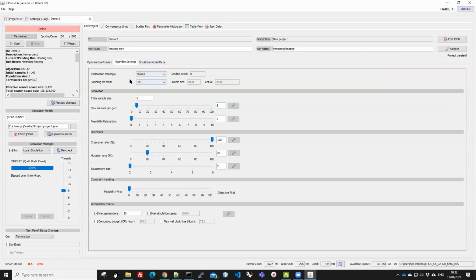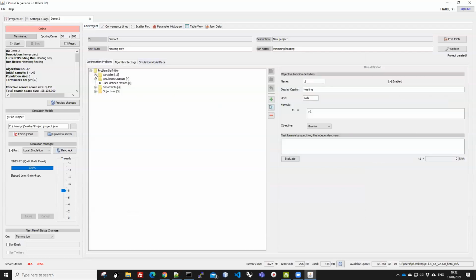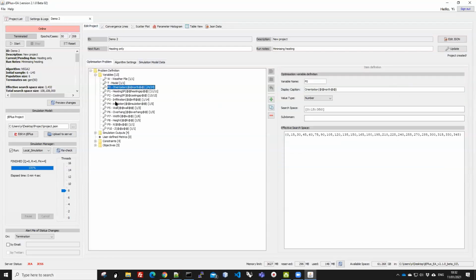Now, if we go back to the definition here, let's have a look at it. The orientation, we are varying from 0 to 360 degrees at a step of 15 degrees, so rotating the building every 15 degrees, with 0 being the external wall and windows facing south.